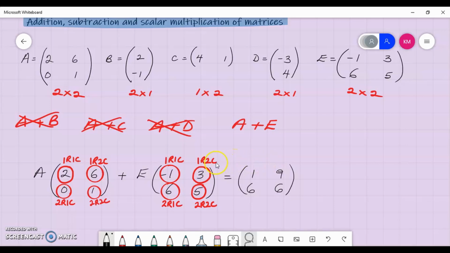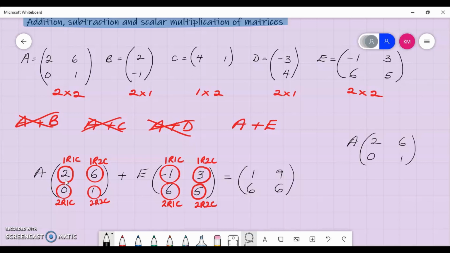Now, an easier way to visualize which 2 elements correspond, you can think of putting the matrix E on top of A, and whichever elements end up on each other, those 2 will be added. For example, A is the matrix 2, 6, 0, 1.